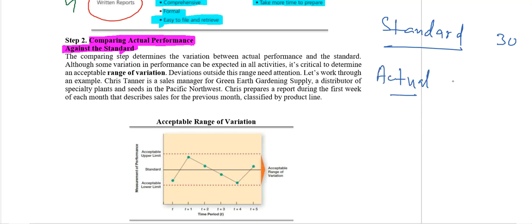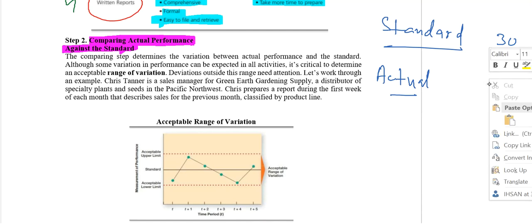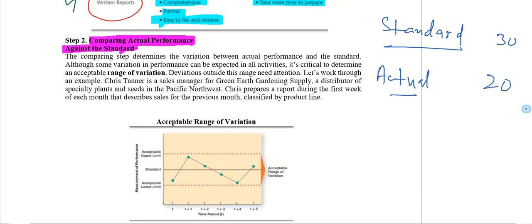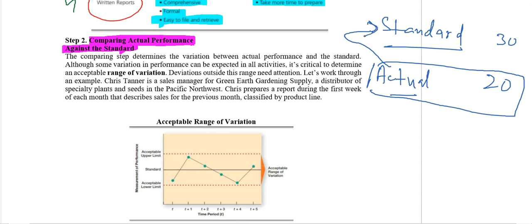The actual performance is that he has sold 20 devices. So this is the actual performance we have measured, and now we will evaluate, or we will compare this with the standard, or the goal that we have already set for him, that he had to sell 30 but he has sold only 20.